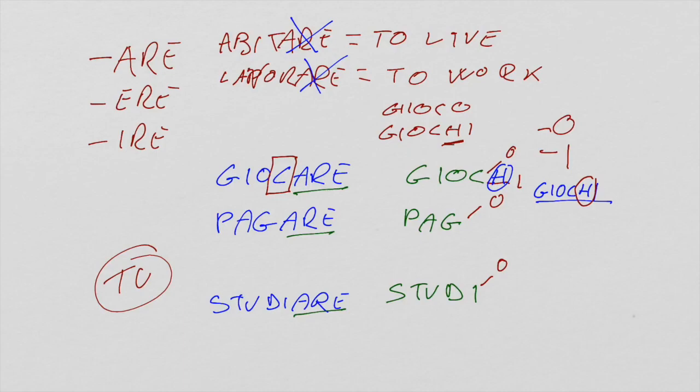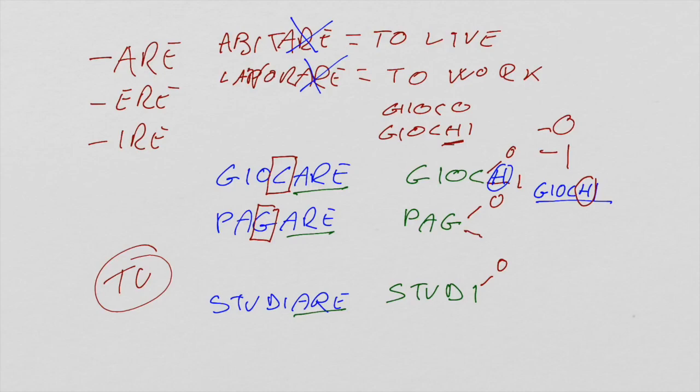Same thing with the verb pagare. So with a verb in are with a G in front. Because if you hear when I say pago, that G is g, go, g. Same thing.